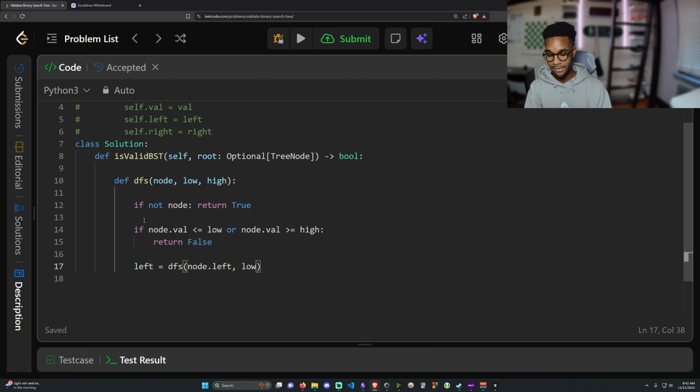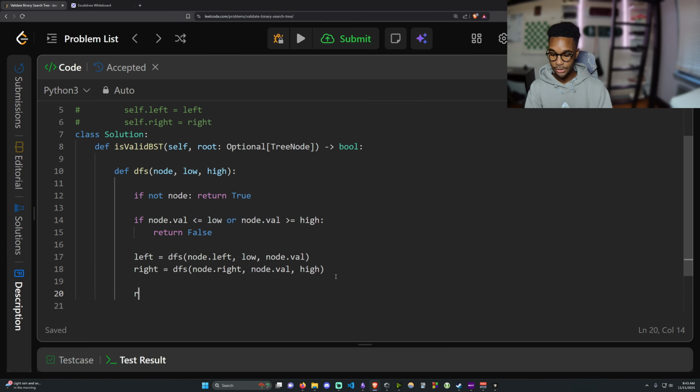Our lowest bound remains the same, but our high bound will be node.val. There we go. And we're going to do the same thing for the right subtree. DFS node.right, and our low will be node.val, and our highest bound will remain the same, so we're just going to call that high.